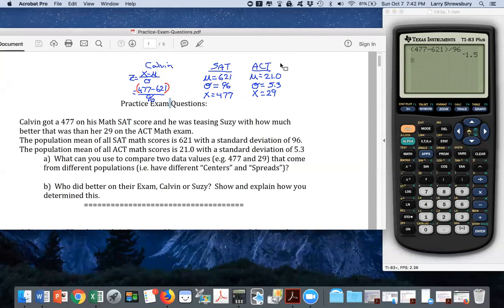Well, that's not necessarily too good, and here he is bragging. So a negative 1.50. Now let's calculate Susie's, which we already know is better because it's above the mean. We're just going to be thorough here. For her z-score, once again, I'll write the formula out, just being extra thorough.